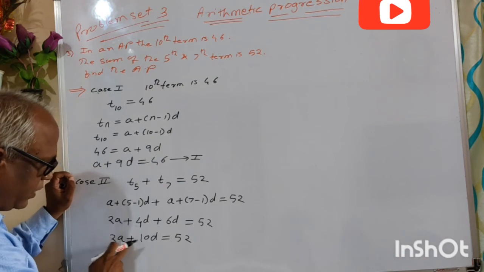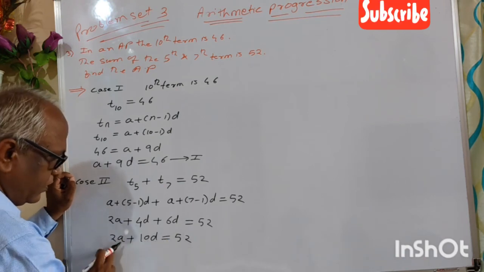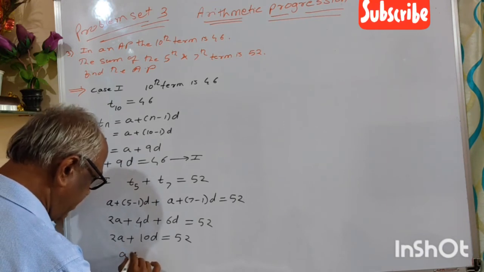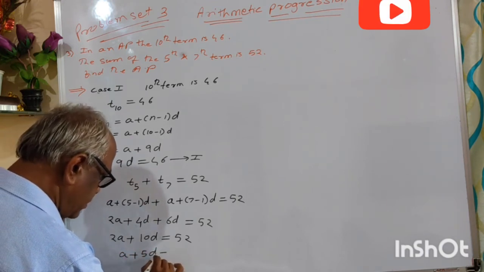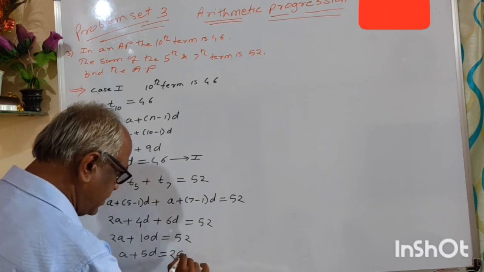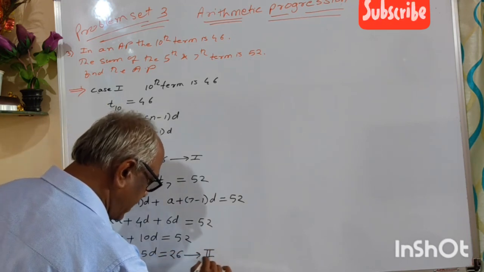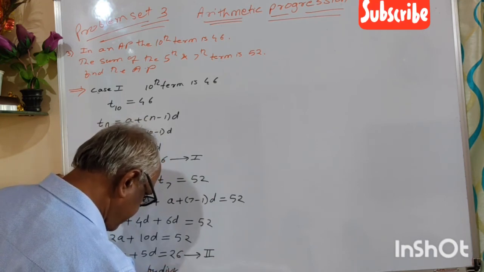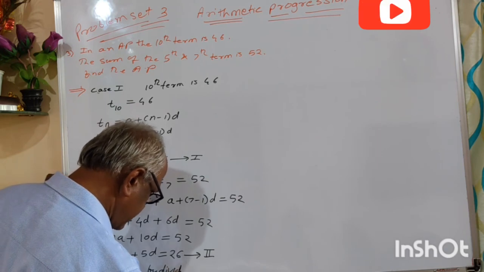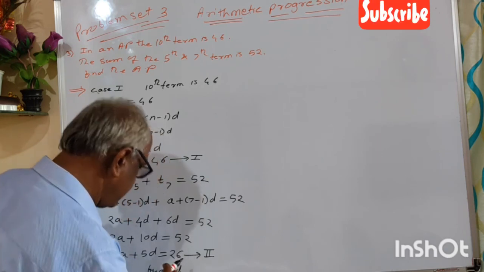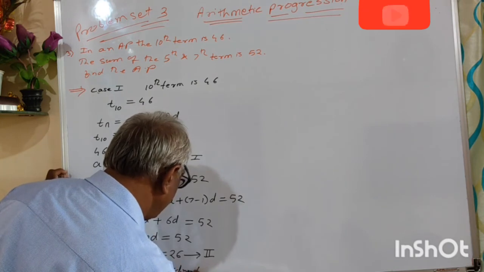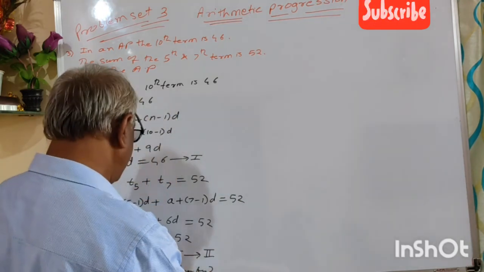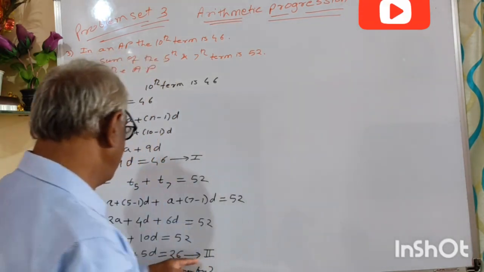Now here 2a, 10d and this 52 are divisible by 2, so I will divide. So I will get a plus 5d is equal to 26, since 2 13s are 26. This is equation number 2, by dividing by 2.